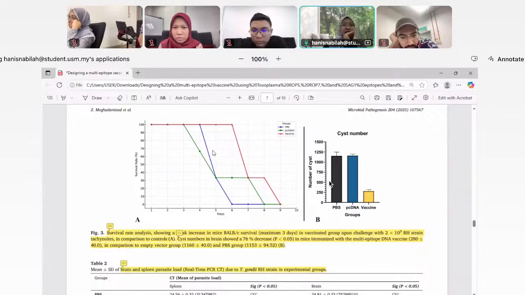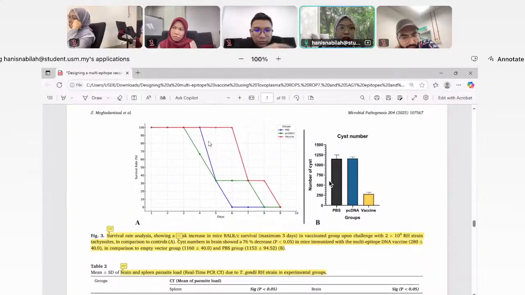From this result, actually all the mice died, but the vaccine group had a longer life compared to the others, because this one they check for the survival rate.